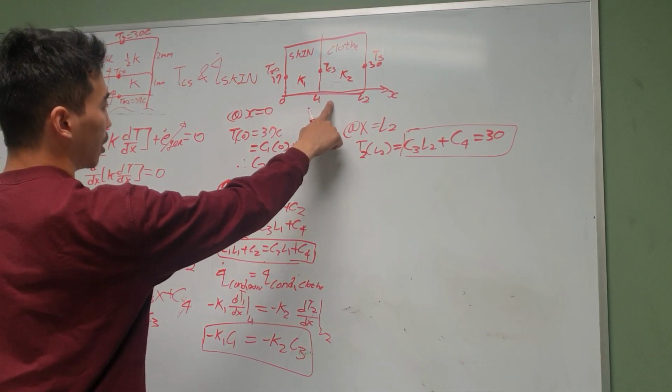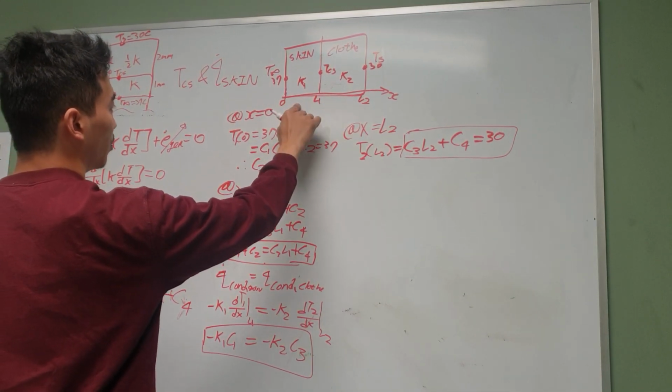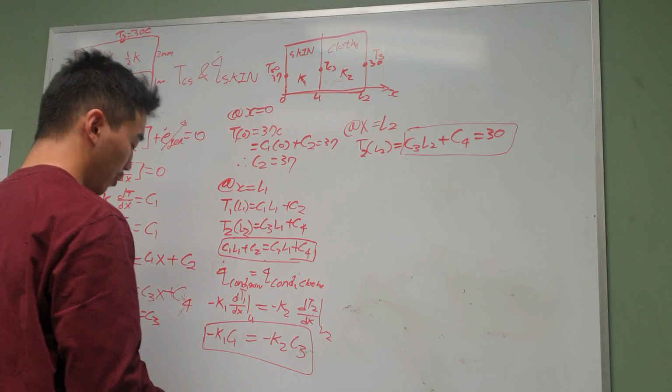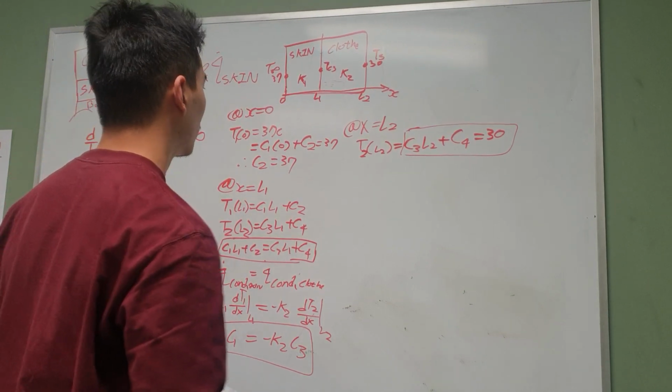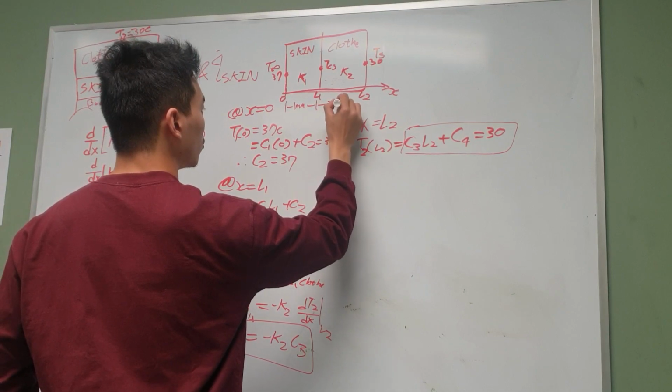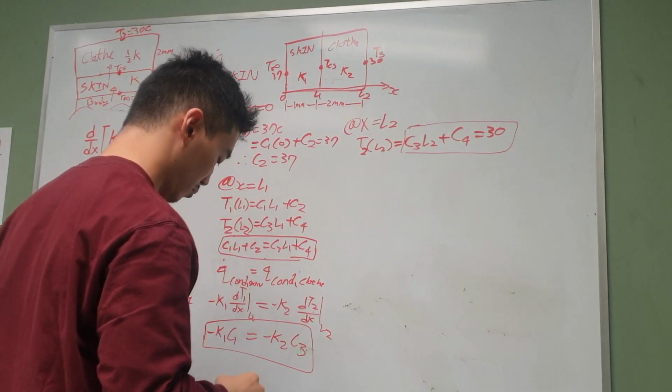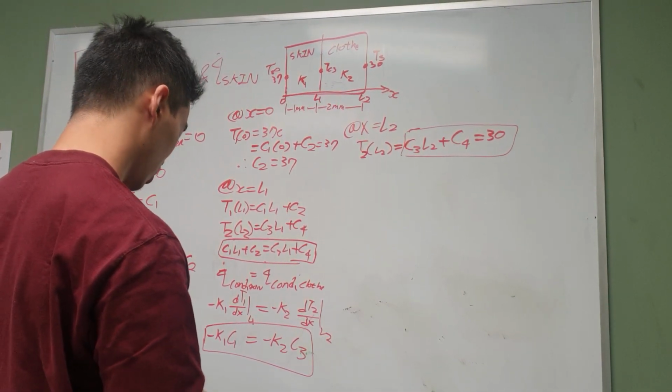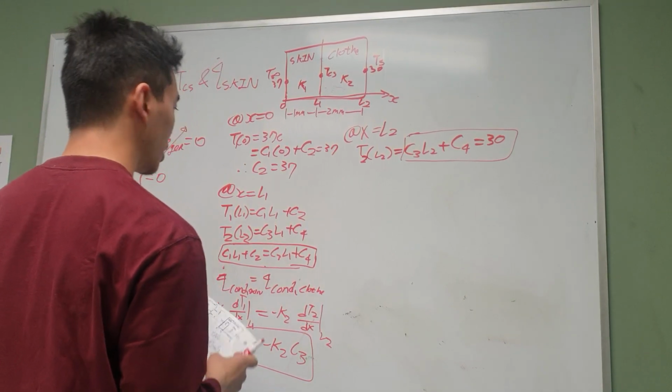L2 is the 1 millimeter plus 2 millimeter. It's going to be 3 millimeter. Now you can set up a matrix.